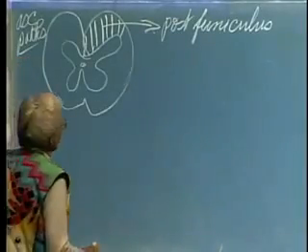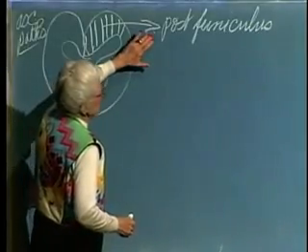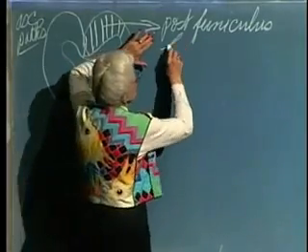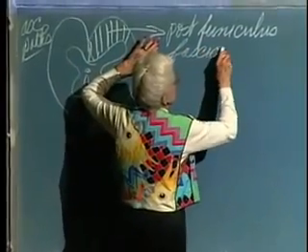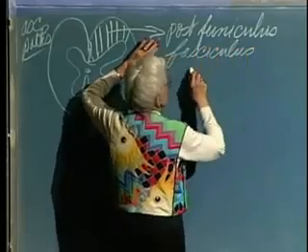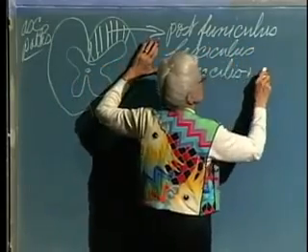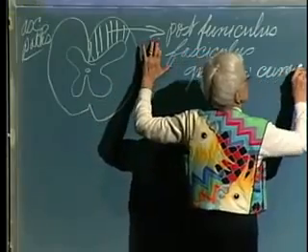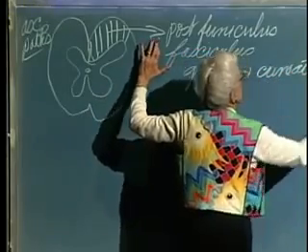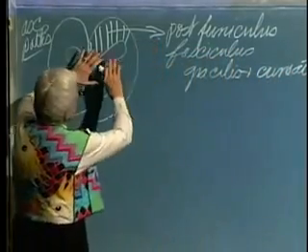And we said we had fasciculus gracilis, and cuneatus, and that these were ascending paths.